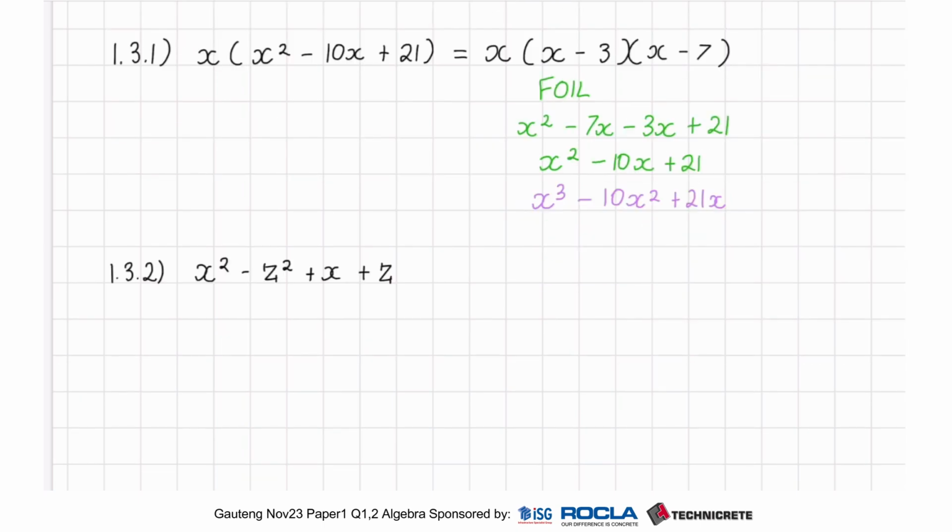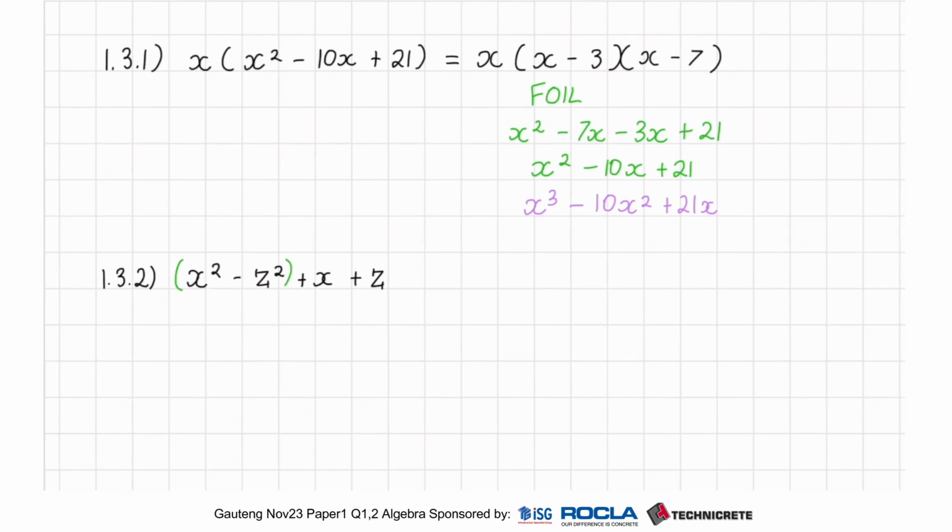So I noticed that with the first two terms, this x squared minus z squared, I've got the difference of two squares, because the first term is a perfect square, they're separated by a minus sign, and the second term is also a perfect square. So if these were in a bracket, like so, I'm going to have that one bracket becoming two brackets.